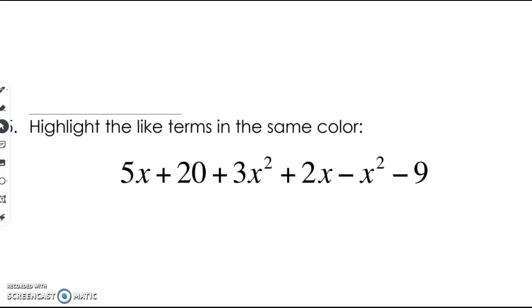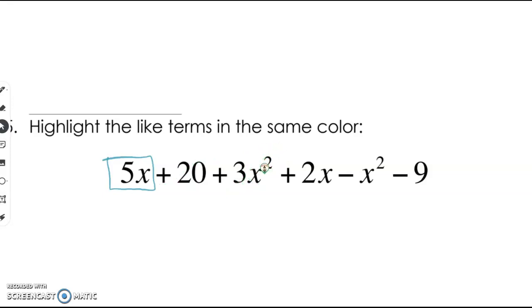So let's look at some like terms. I have a 5x. Now I'm going to look for everything that has a number and an x. I look around and I see 20 doesn't have that. This one has an x squared. It has an x, but it has a different power.